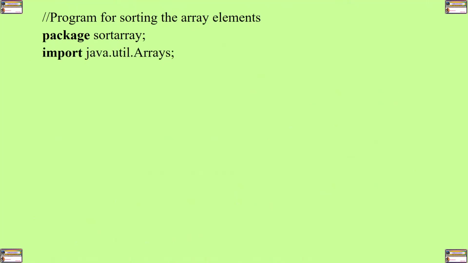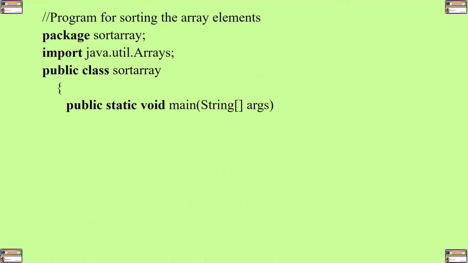So you need to include this statement within your code. And then, of course, if you are going to read any values from the screen, you need to also include import java.util.Scanner. The name of our public class is SortArray. Its definition is as follows.